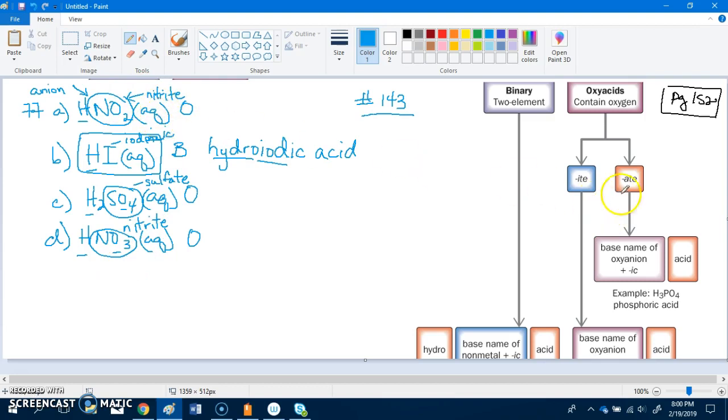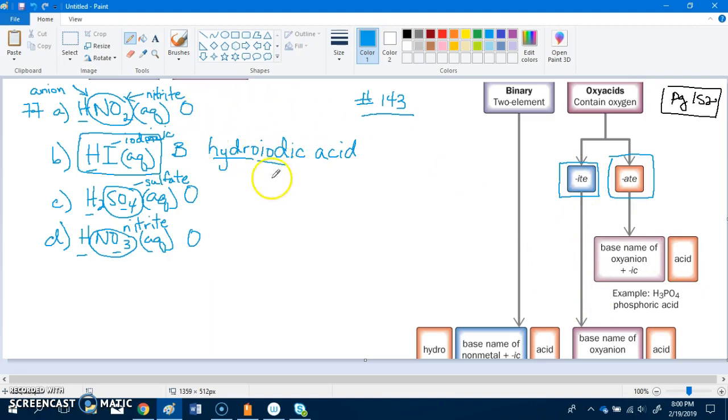The reason I do that is because the convention for the name is to look at the anion. If the anion ends in ITE, you use the base name of the oxyanion plus ous acid, and if the anion ends in ATE, it's the base name of the oxyanion plus ic acid.